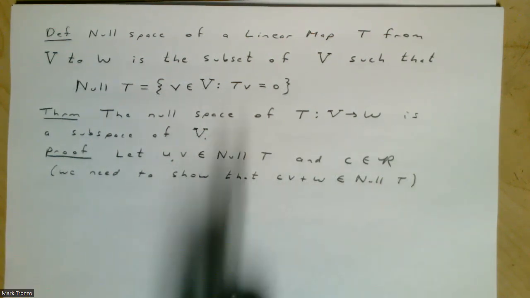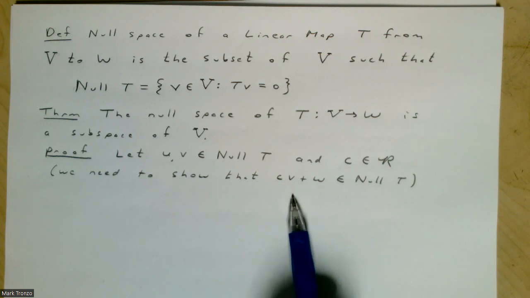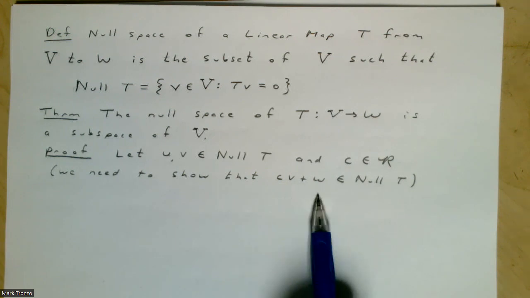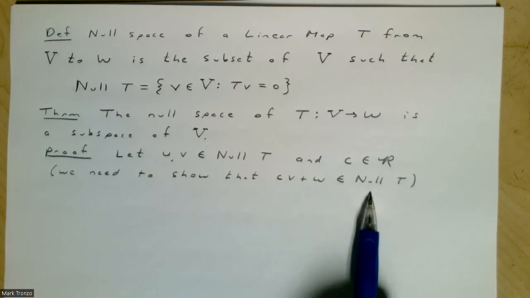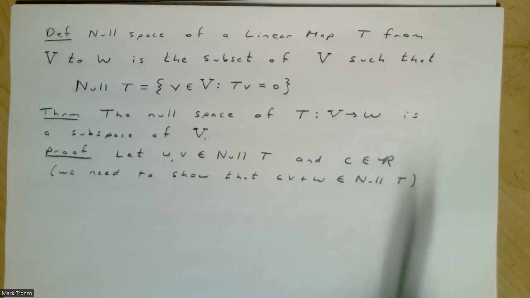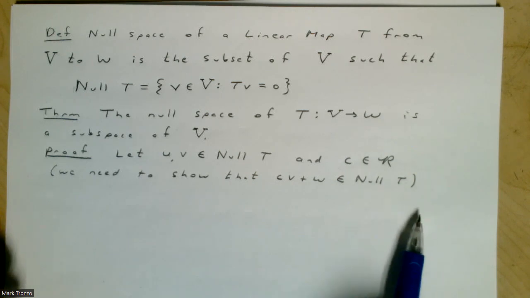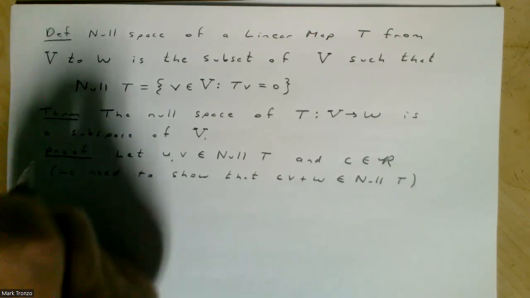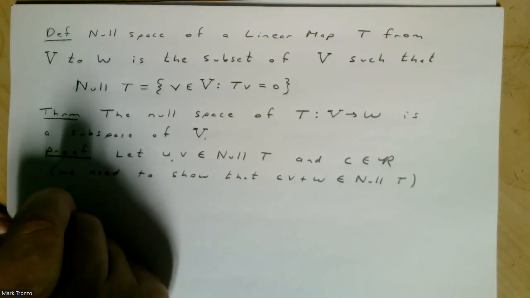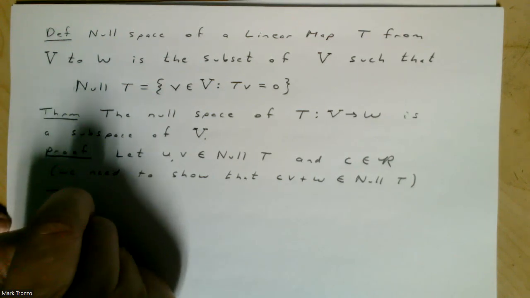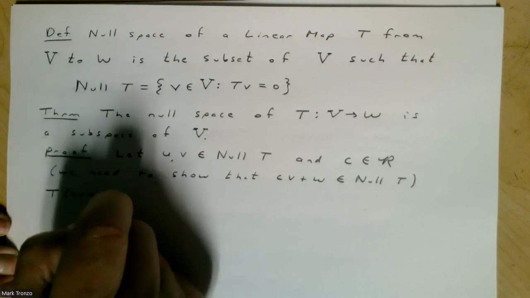Remember, again, this is not the linear transformation test. So it looks very similar, but this is the subspace test. We have to show that that's in the null of T. So we need to show that's true. So let's go through and do that. So we're going to put this into T of cv plus w.